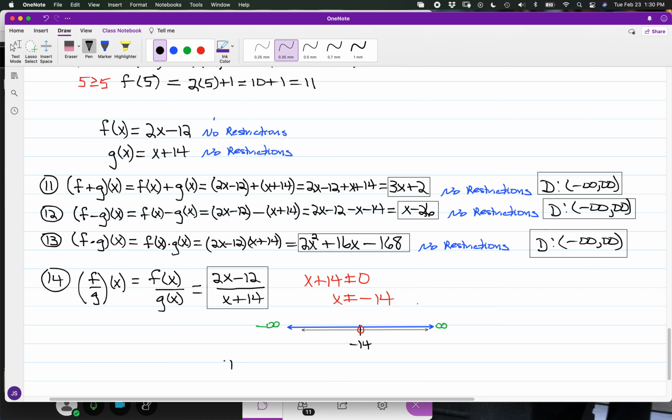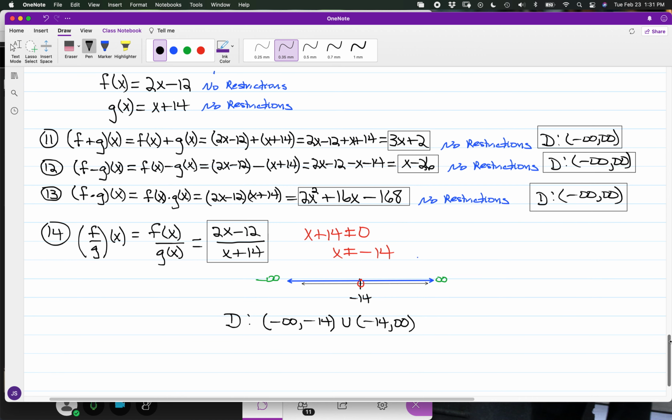And so it's going to follow that for the quotient function, the domain will be, again, a combination of those values of x less than negative 14 along with those values of x that will be greater than negative 14. And that will be the result in the domain for the quotient function.